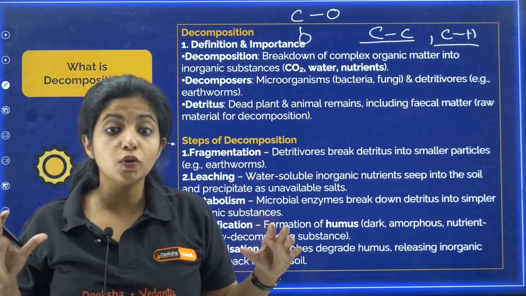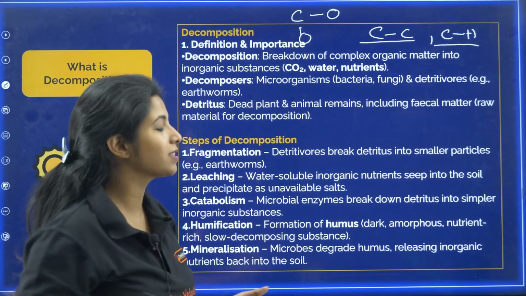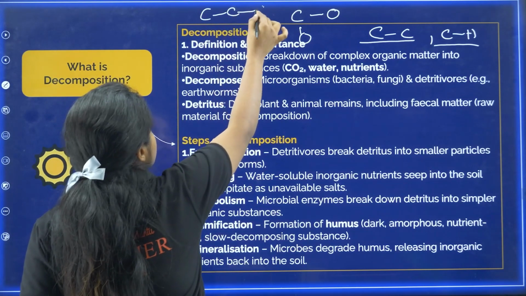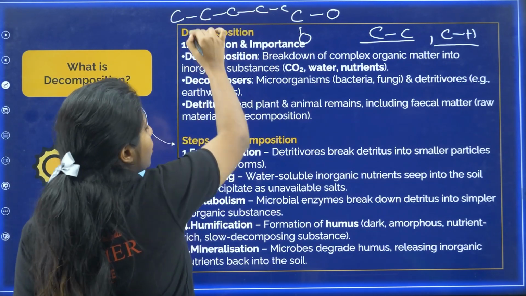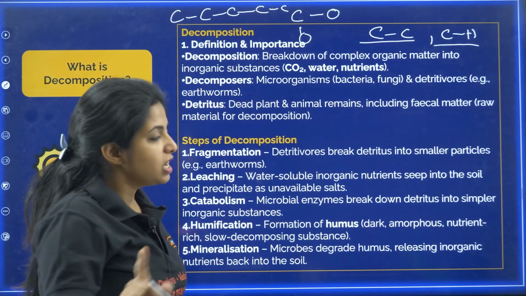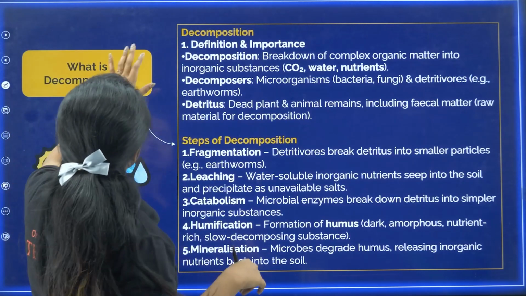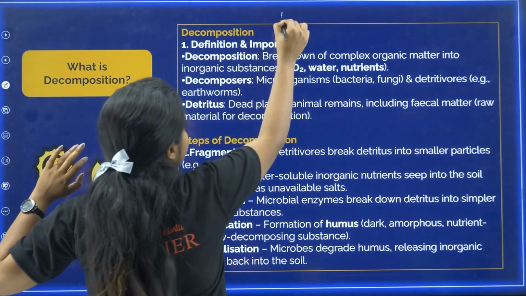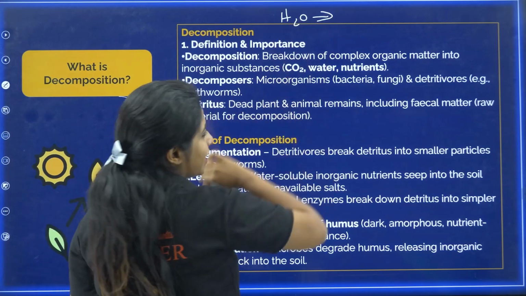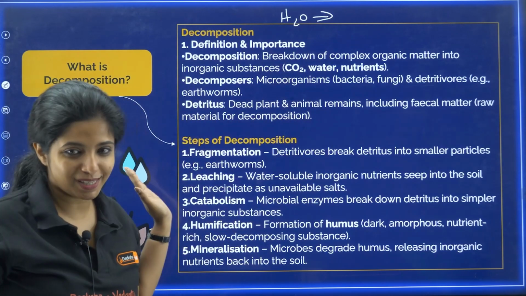If we consider glucose, glucose has 6 carbons, my dear children, attached to each other. This is inorganic or organic? This will be organic. Now a question for you. H2O, is it inorganic or organic? Very easy question, but still tell me in the comment section.